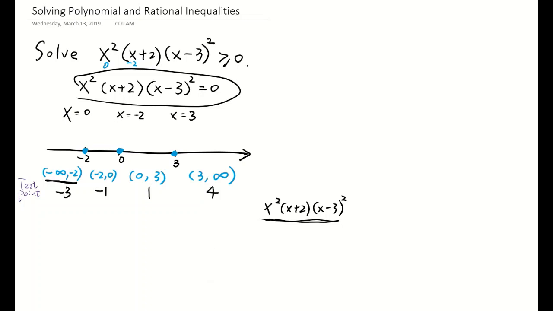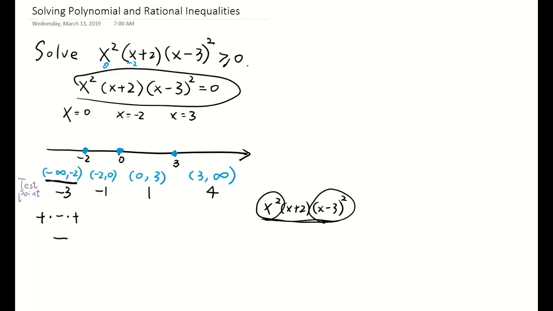You have to agree that x squared and (x minus 3) squared will always be positive for our test points. So x squared, positive, right? Plug in -3 into x plus 2, you have -3 plus 2, which is negative, times (-3 minus 3) squared, positive. So overall, it's negative.